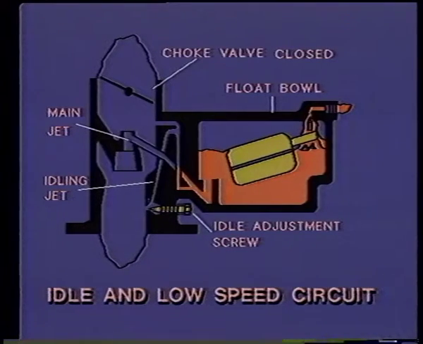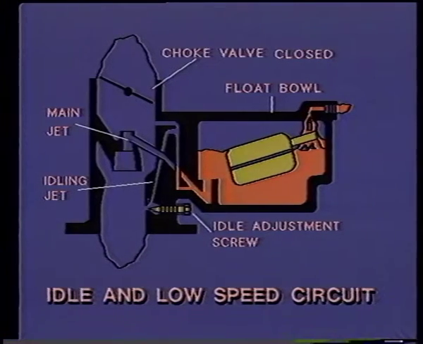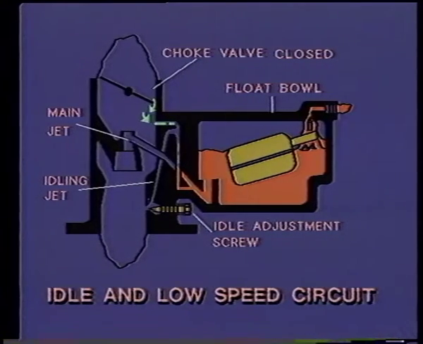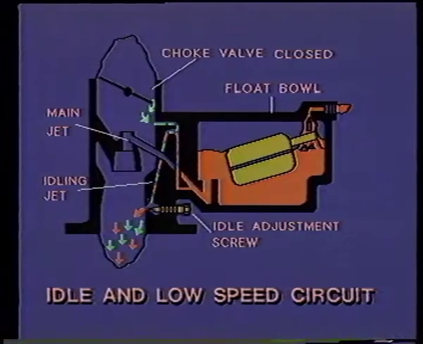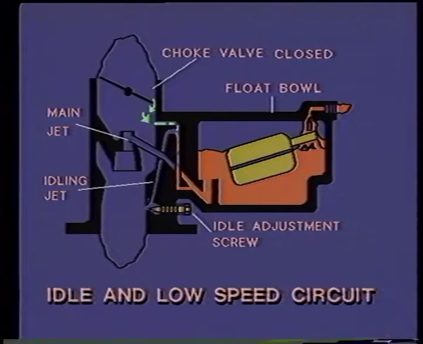To overcome this, the carburetor has a circuit called slow idling circuit. The atmospheric pressure pushes air and fuel through the passage as we see here. They mix and flow past the tapered point of an idle adjustment screw. The mixture strength can be adjusted by this screw.